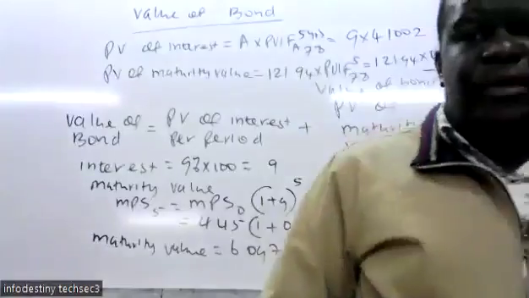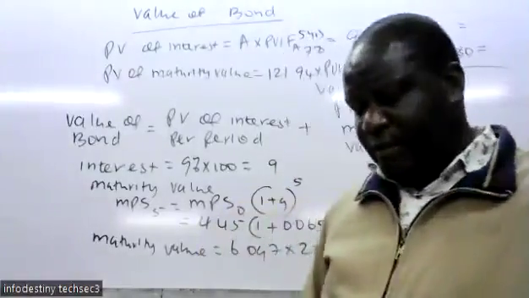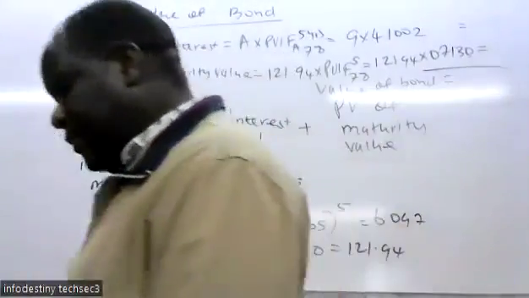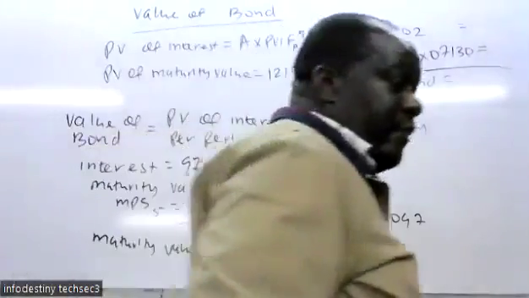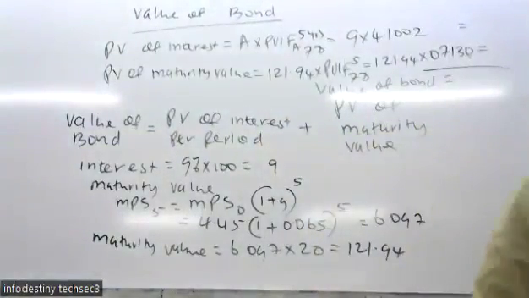We now go to the Roman letter 2, the floor value of the bond. Let us explain what we mean by the floor value of the bond.